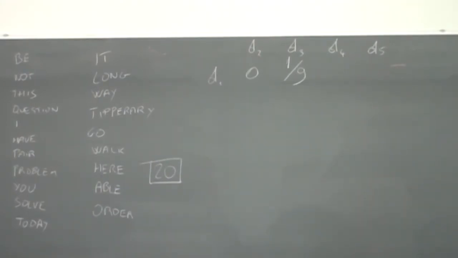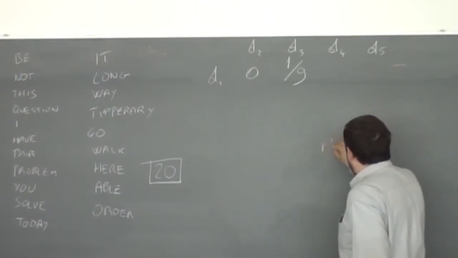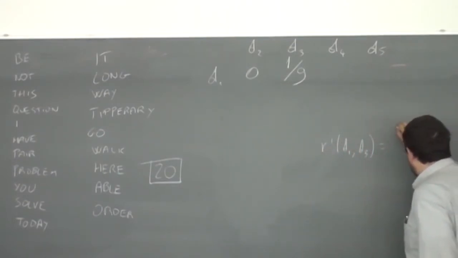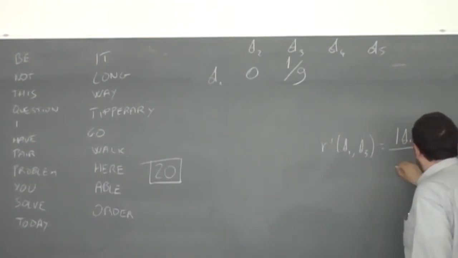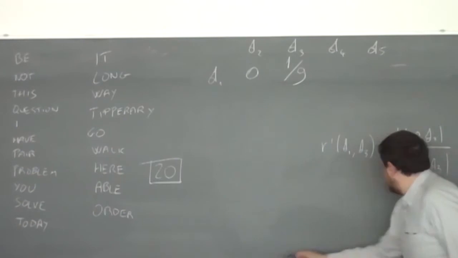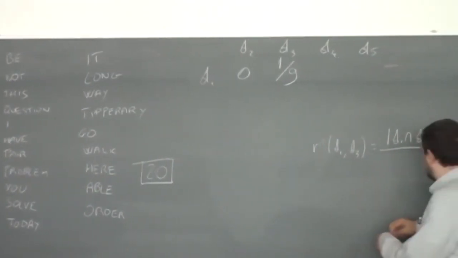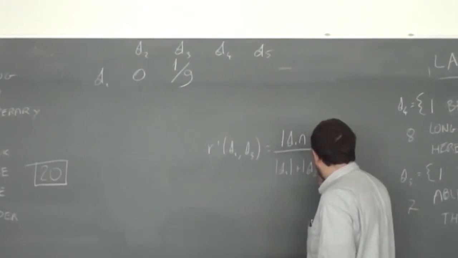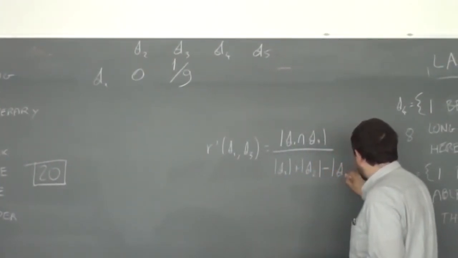Could you repeat once again the 9, how we get it? Yes, so the Jaccard coefficient between D1 and D3 is the size of the intersection divided by the size of the union. Actually, instead of writing the size of the union, we can write the size of D1 plus the size of D3 minus the size of the intersection.